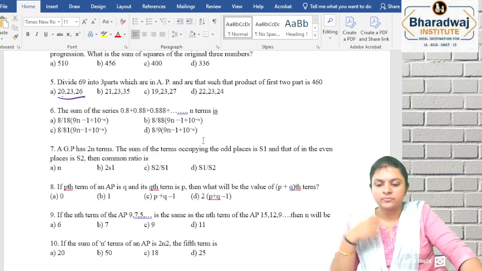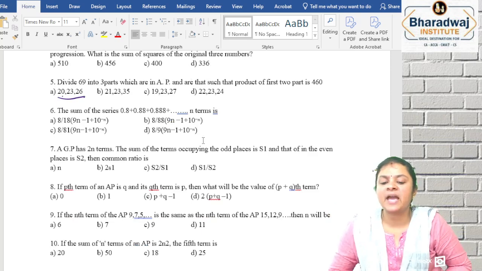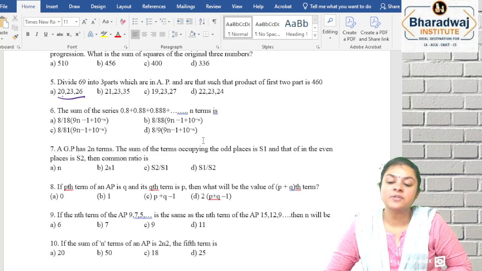Yes? 7th question. A GP has 2n terms. Sum of n terms occupying the odd places is S1.